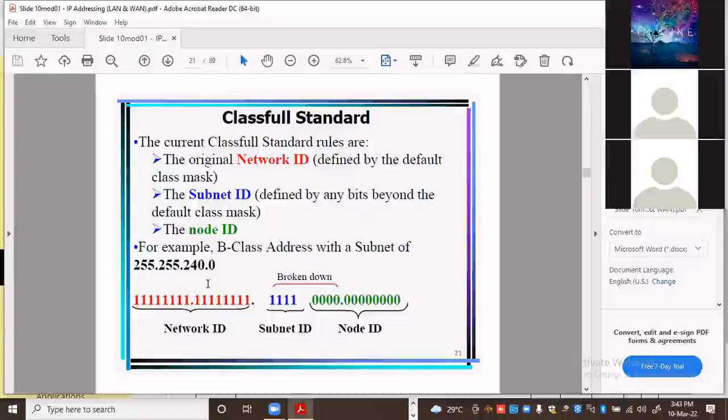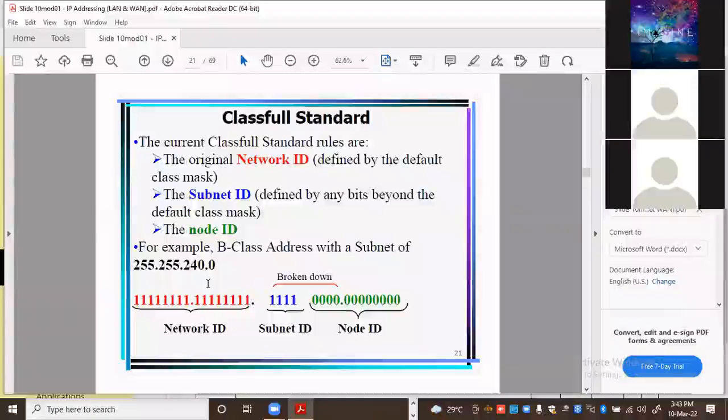And then for class C, it's just 255.255.255, letting you know that you've used up 3 of the 4 octets as your network ID. And the only octet that you have to use for assignability is your last octet, which has got 8 bits. Hence the reason why it has the least amount of IP addresses.